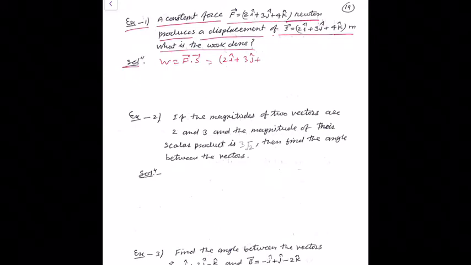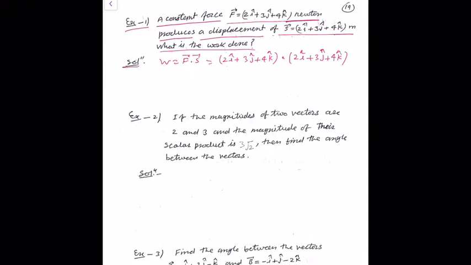(2i cap plus 3j cap plus 4k cap) dot (2i cap plus 3j cap plus 4k cap). So W is equal to first dot product of 2i cap with 2i cap. So i cap dot i cap 1 and 2 2 is 4. Next dot product of 2i cap with 3j cap.